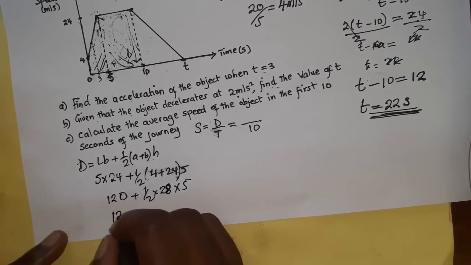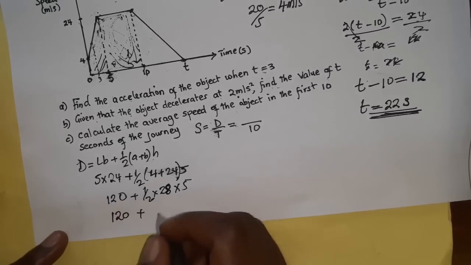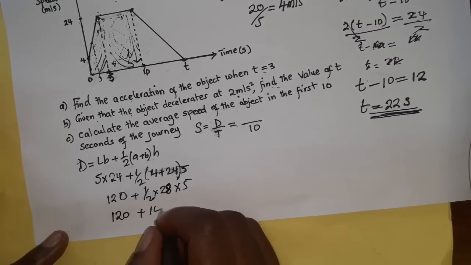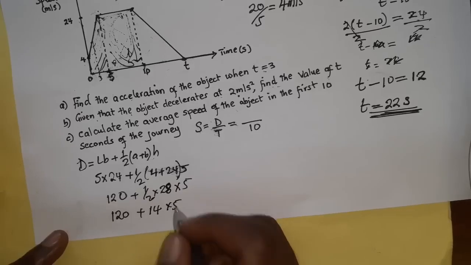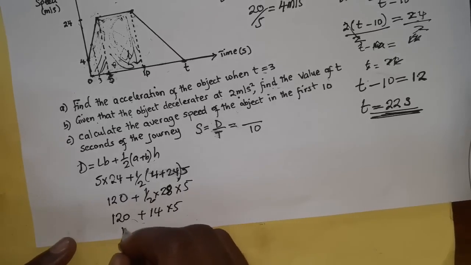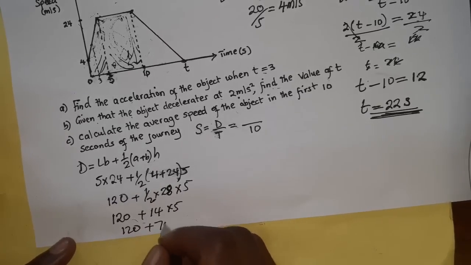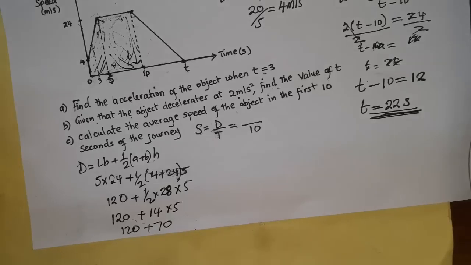So you have 120 plus, you divide this one to be 14, then 120 plus 70, isn't it?